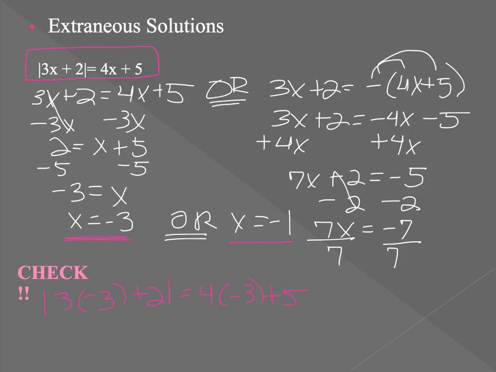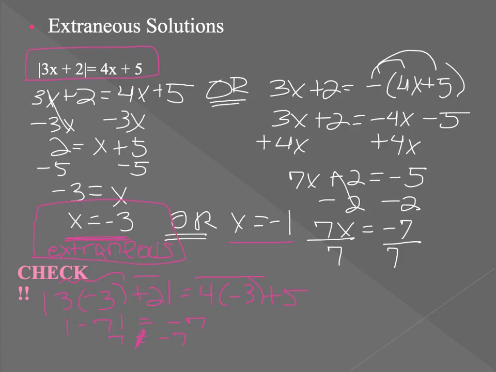So we get the absolute value of negative 9 plus 2, which is going to give us a negative 7, equals negative 12 plus 5, which is going to give us a negative 7. But the absolute value of negative 7 is positive 7, and positive 7 does not equal negative 7, so this is an extraneous solution. Normally the question will ask you to label the extraneous solution. This one is extraneous, which means it's not an answer.